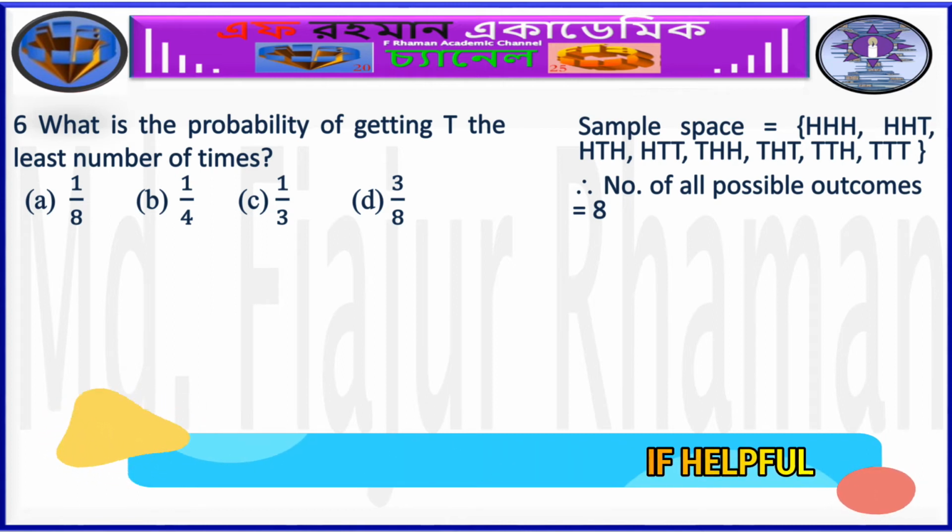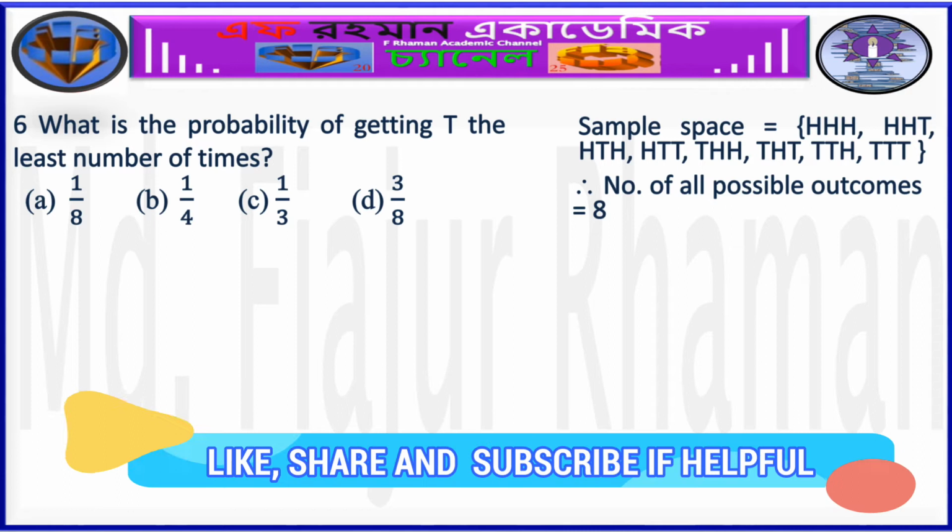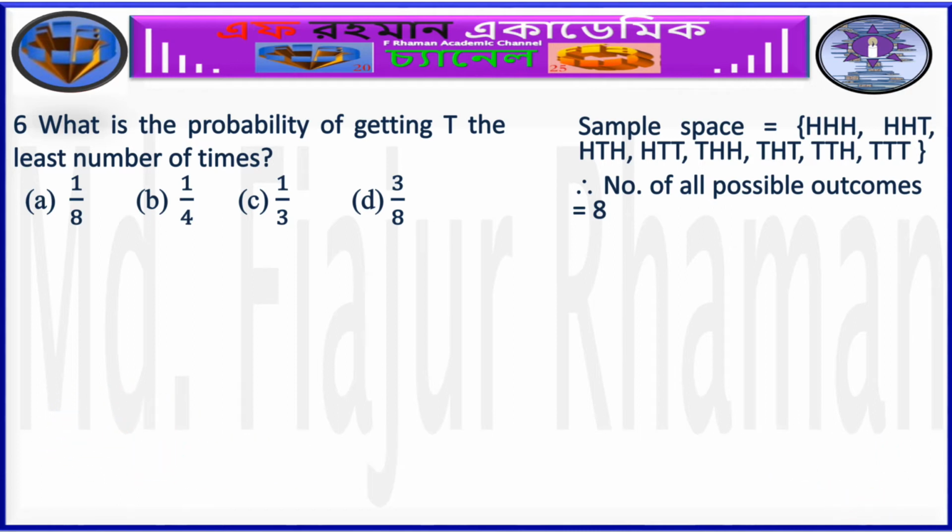The least number of times of getting T is 1. It is not 0. If we consider 0, then you will never get T.